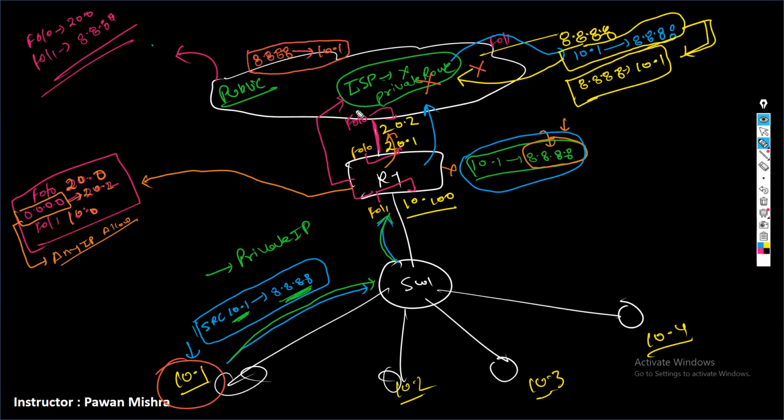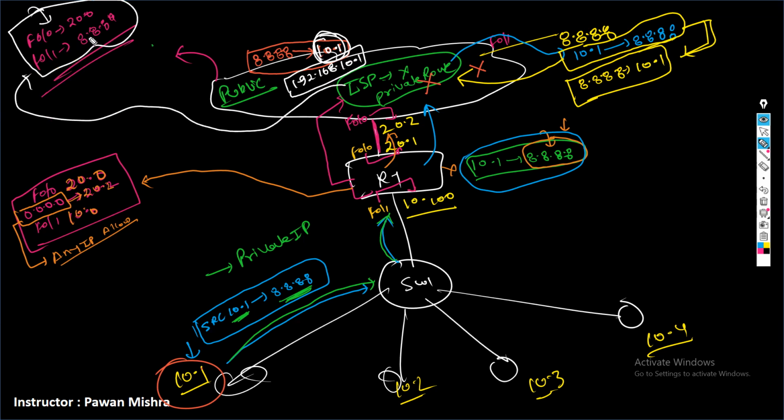The router will always check the destination IP. And what is the destination IP right now? That is 10.1. It means the full IP address is what? 192.168.10.1. This is the full IP address. So this ISP router will check its routing table.